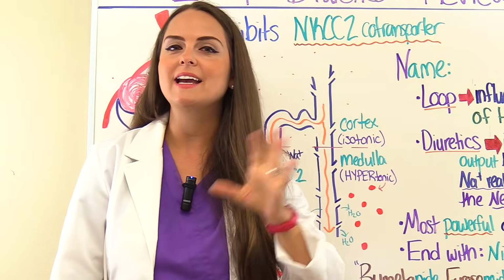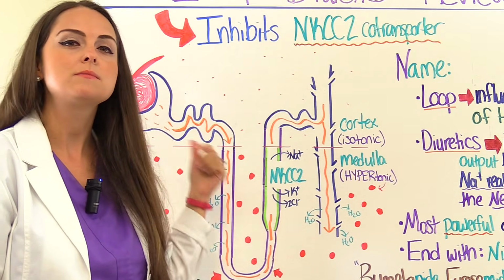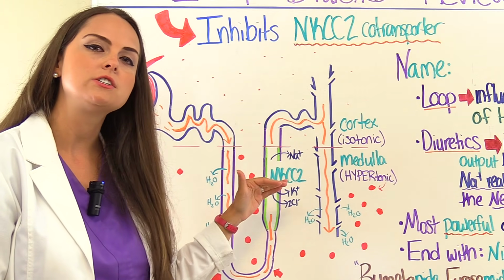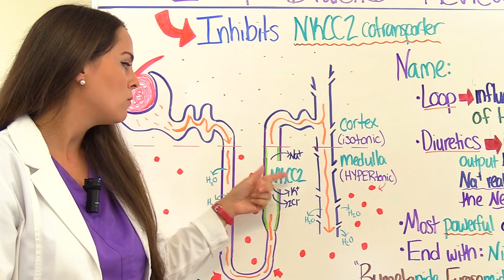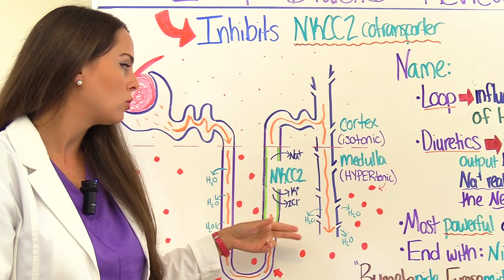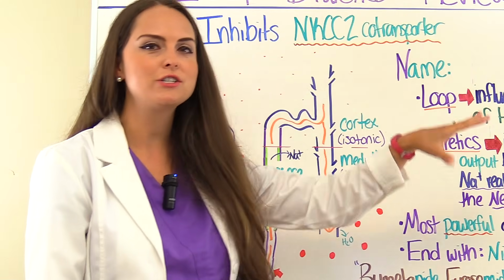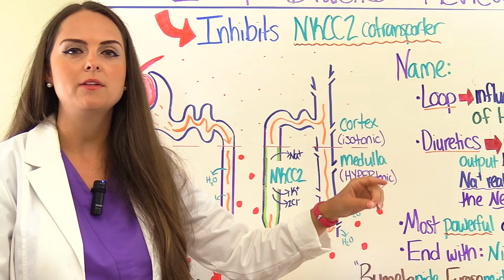Just like its name says, it helps transport some specific ions from the filtrate back into the interstitium, into the blood. Those ions will be 1 sodium, 1 potassium, and 2 chloride. They will take that from the filtrate and, in a sense, push it back into the interstitium, which will go into the blood.